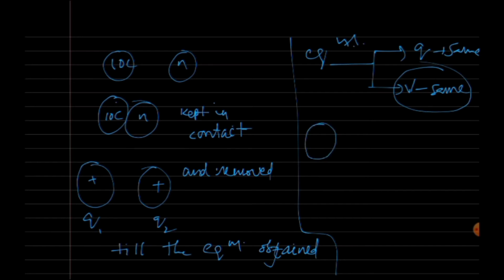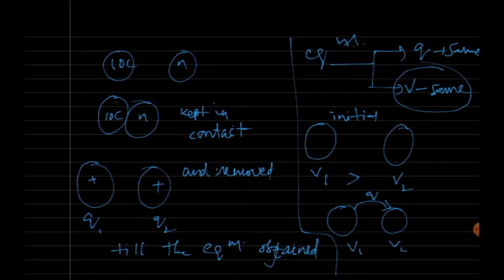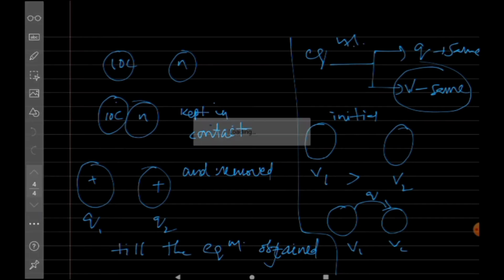Let's say this object's potential is V1, this object's potential is V2, at the initial stage, and V1 is greater than V2. That means charge flows from higher potential to lower potential, V1 to V2. After some time, the potential of both the objects will become equal. Then there will be no possibility for the charge transfer.